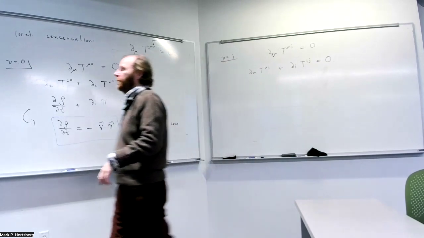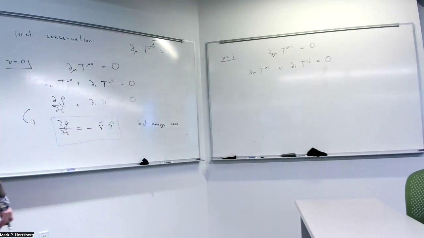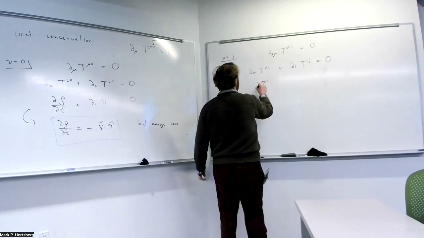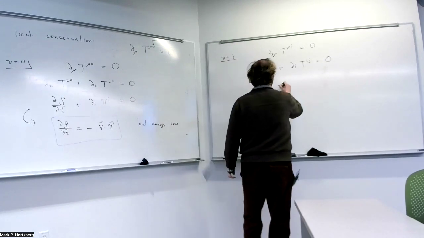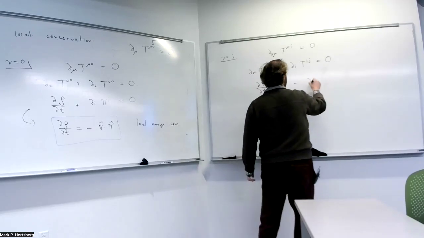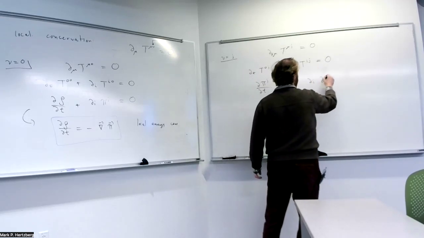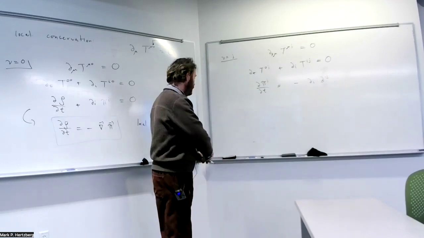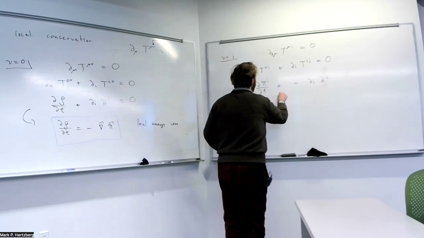T0j is the momentum density. So this is d pi j dt equals, we'll put it to the other side, why not, minus di Tij, I just called it sigma ij at this stage. Those are just the spatial parts of this thing. So we have this rule.